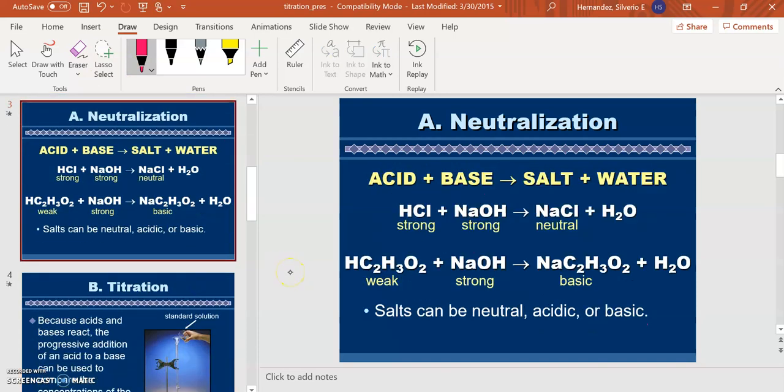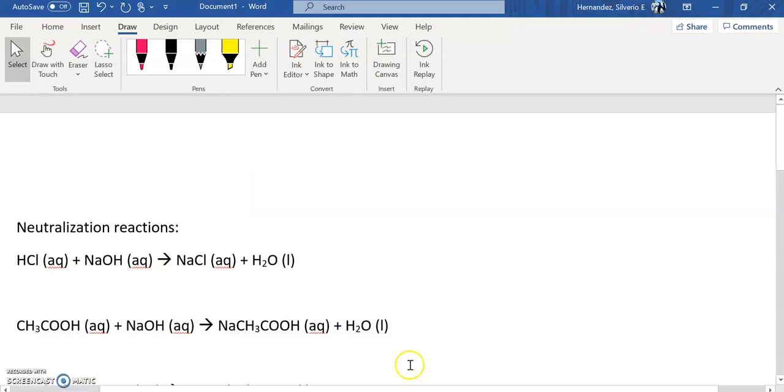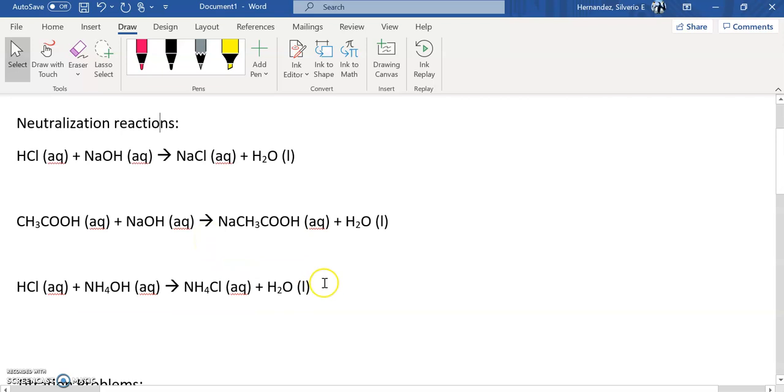Looking at types of neutralization reactions, I'm going to show you how salts that are produced from these reactions can be neutral, they can be acidic, or they can be basic. So taking a look at these three examples here, the first example we have is between a strong acid and a strong base.